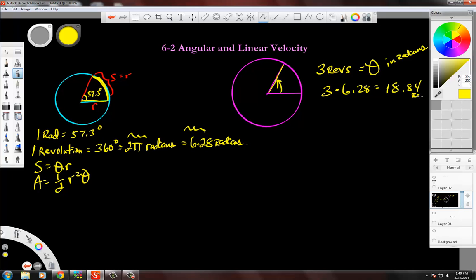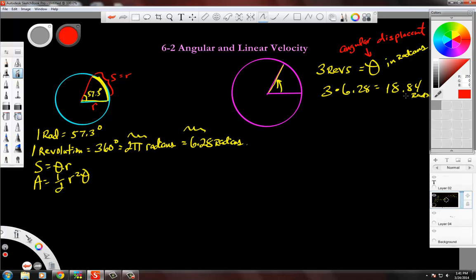18.84 radians. This theta right here is called the angular displacement. Lots of new vocabulary here. The angular displacement is how far this angle went around.